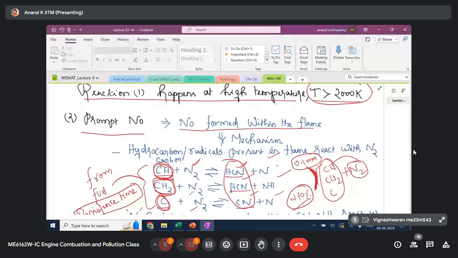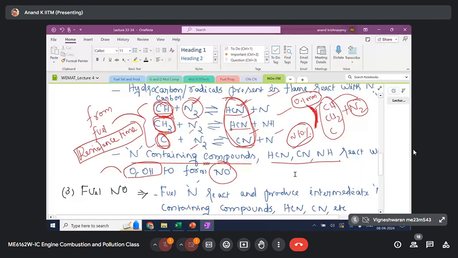This is an intermediate radical before the NO formation, and it is formed from CH or CH2 radicals which are present from the fuel. So this intermediate nitrogen-containing radical oxidizes with the help of either O radical or OH radical, which oxidizes HCN, and thereby it leads to forming NO within the flame zone.